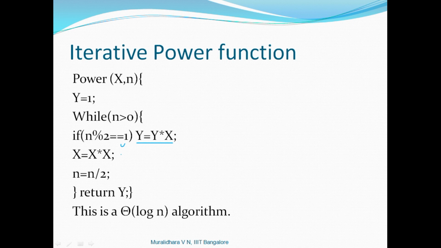So in the 0th iteration, when I go for the first time, x will be x to the power 2 to the power 0, that is x to the power 1. Next time it comes, x becomes x square, x to the power 4, and x to the power 8, and things like that.